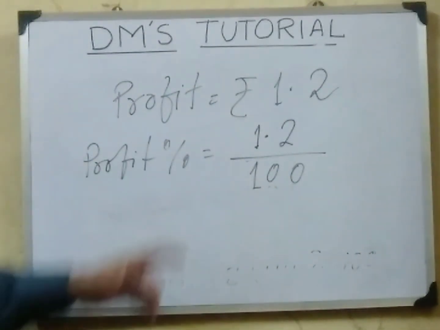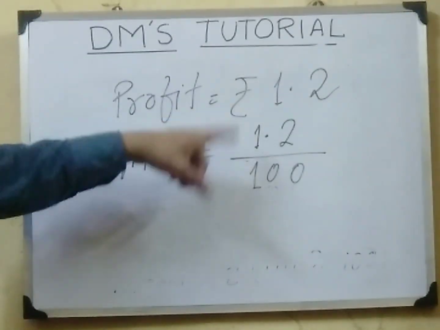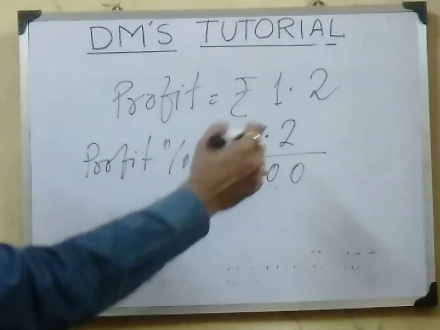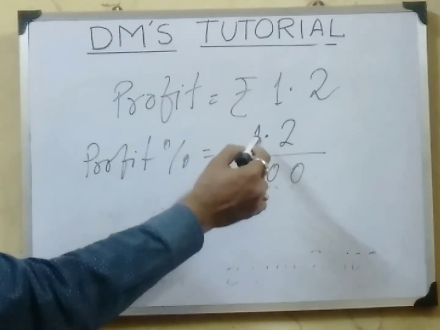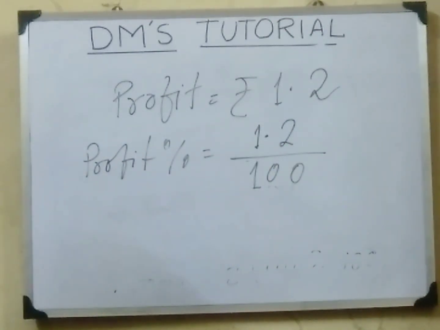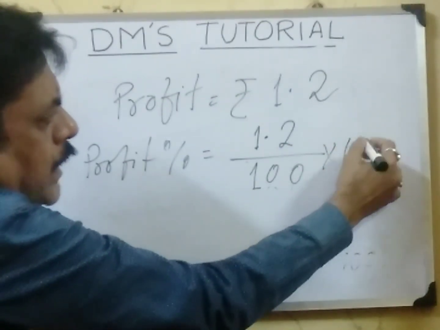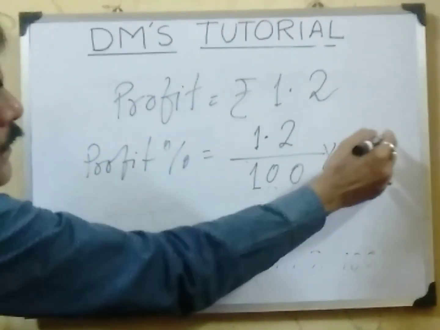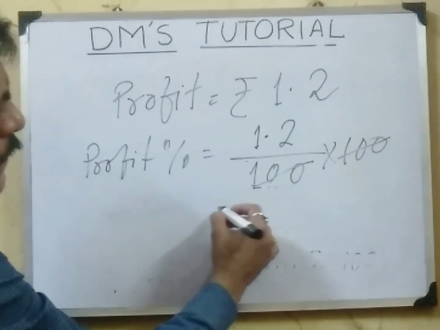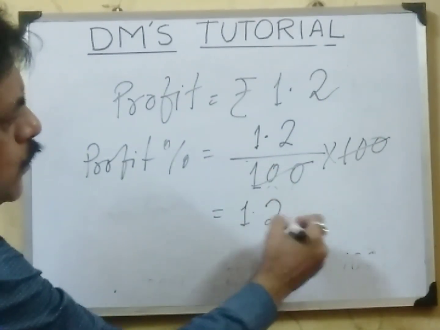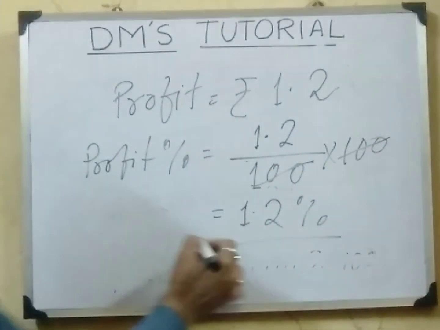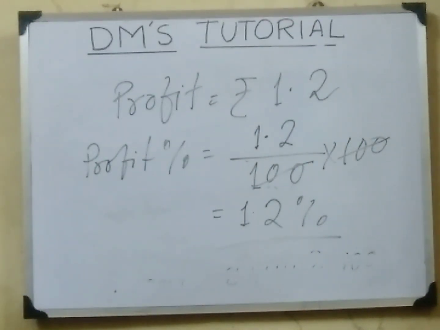We can find out the percentage from here. Out of 100, 1.2. That means easily we can say 1.2%, or otherwise we can multiply the fraction by 100. 100 cancel, that is 1.2%. That is the profit percentage the shopkeeper gains.